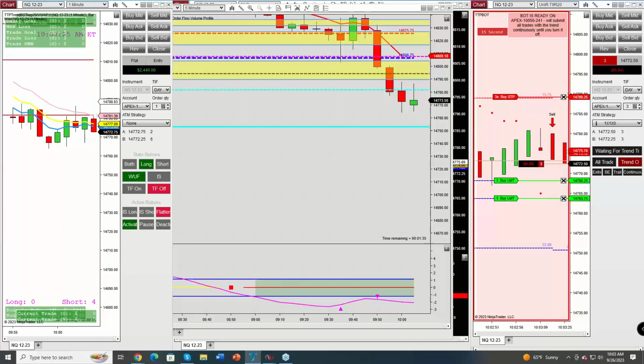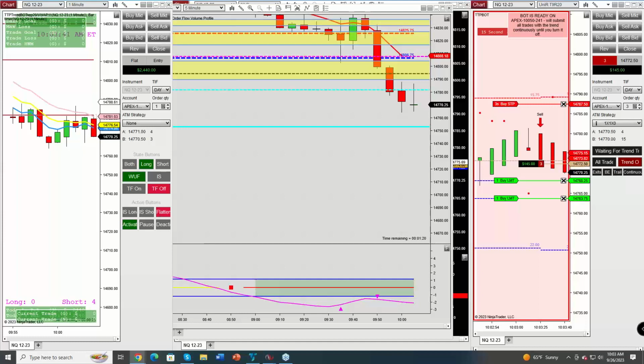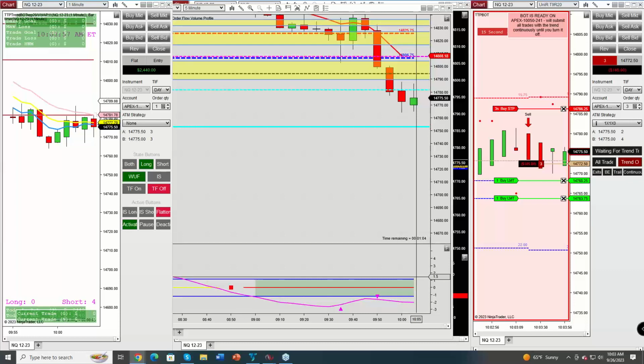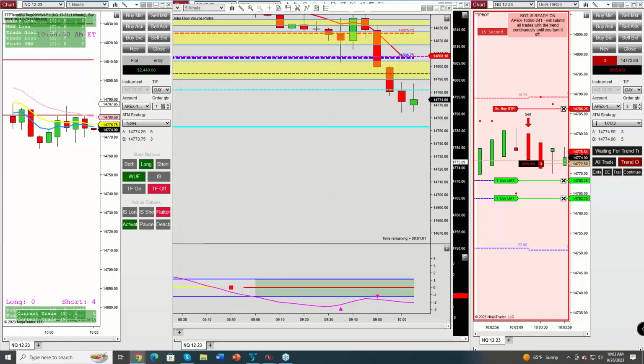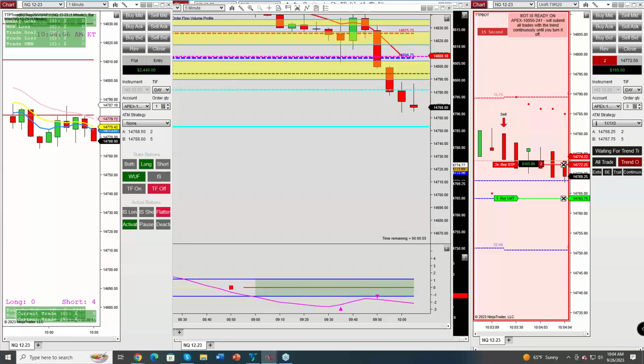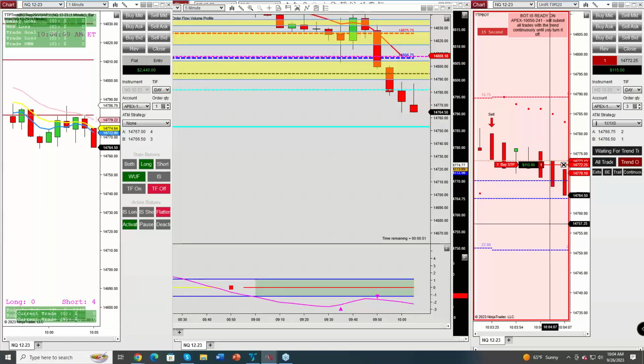SPY is holding up. Another short on the bot. Come on down. We're just choked here, guys. There's target 1. Target 2. There we go.